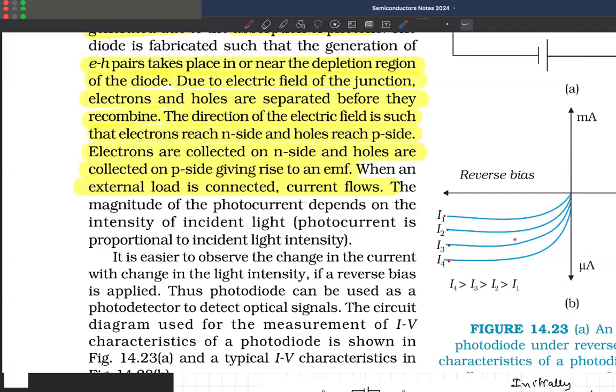Reverse bias. See, the magnitude of the photocurrent depends on the intensity of the incident light. That's shown in the graph. It is easier to observe the change in the current with the change in the light intensity only under reverse biased condition. There is a question related to this.